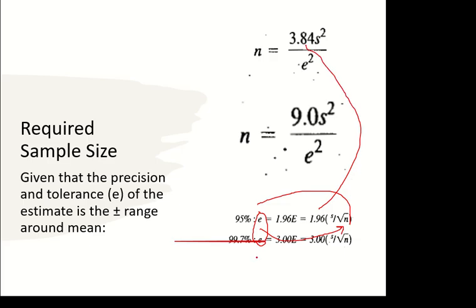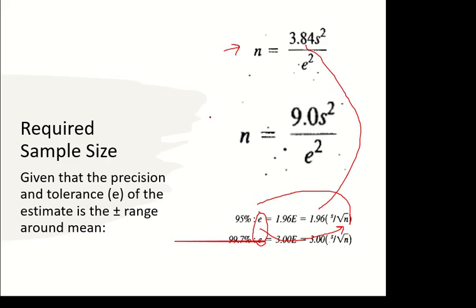If somebody went for the 99.7% interval, then small e will be 3 times capital E, and capital E will be s upon root of n. Again you do the same thing: n goes here, e comes here, you do the square, and this is the equation you get. So if somebody is looking for 95% of the data, he should have these many samples.